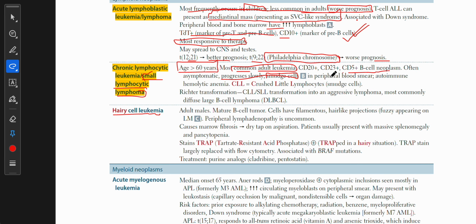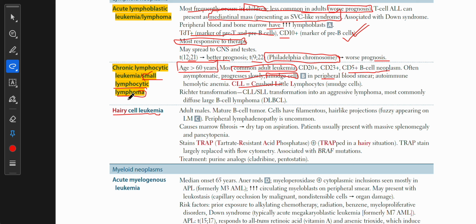That is how they appear. And in the peripheral blood smear, obviously, autoimmune hemolytic anemia, and then CLL, crushed little lymphocytes, small cells. So they look crushed inside, like under a stone or something like that.